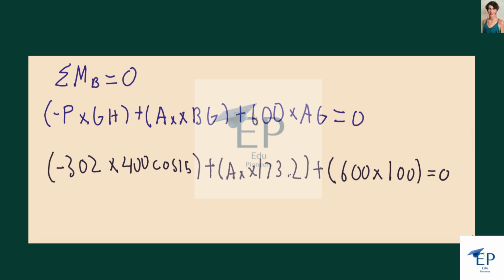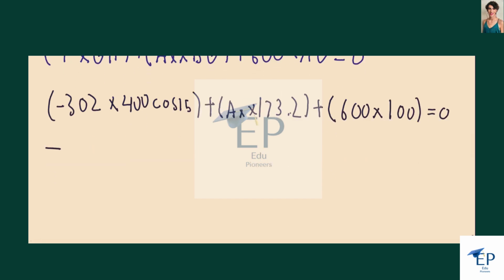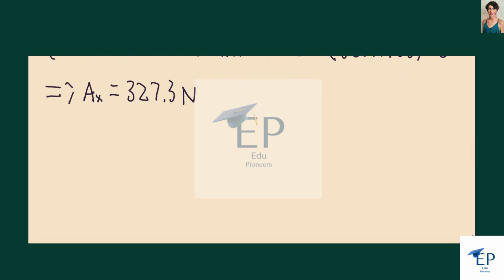and we set that equal to 0. And we solve for the x component of the reaction, which will give us a value of 327.3 newtons. And we can also solve for the magnitude of the reaction by taking the square root of both components squared and added together.